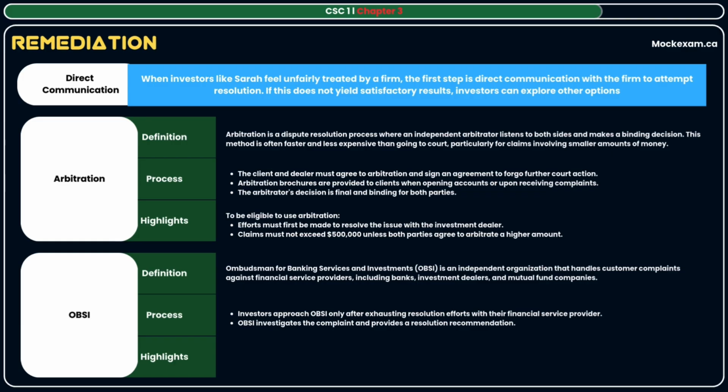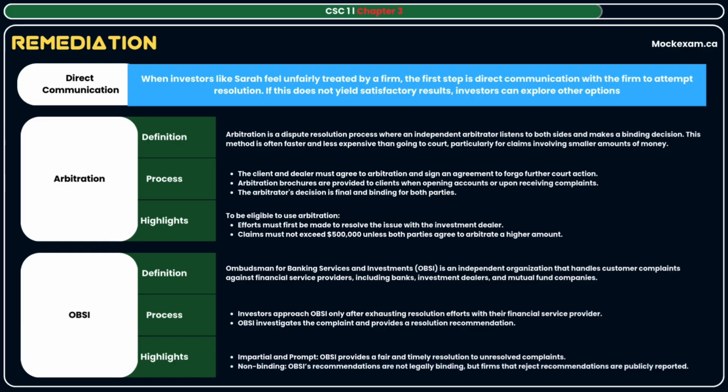What are the key features and highlights of OBSI? OBSI provides a fair and timely resolution to unresolved complaints. And second important point, it's non-binding. OBSI's recommendations are not legally binding, but firms that reject recommendations are publicly reported.